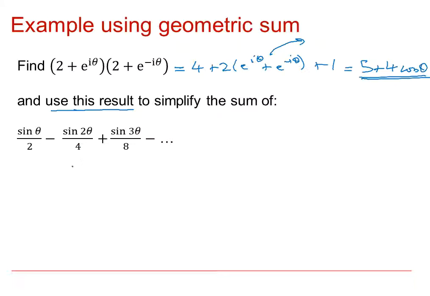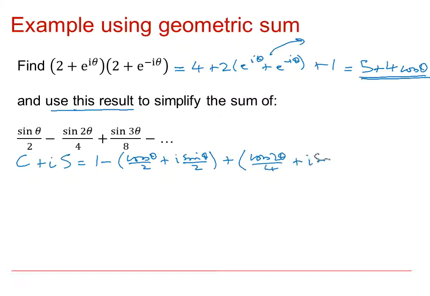Before we can simplify this series, we need to introduce our capital C, capital S notation. So I'm going to write C plus iS is 1 minus cos theta over 2 plus i sine theta over 2 plus cos 2 theta over 4 plus i sine 2 theta over 4 minus dot dot dot.